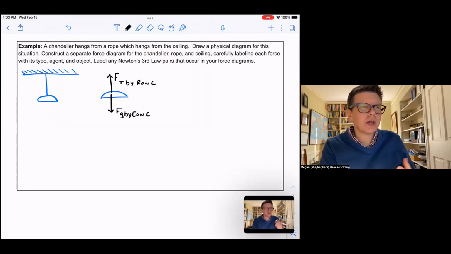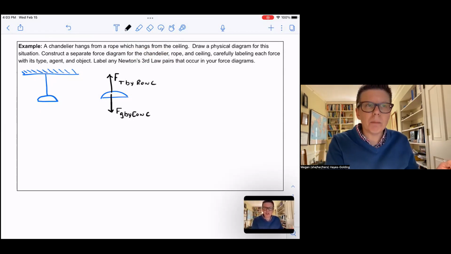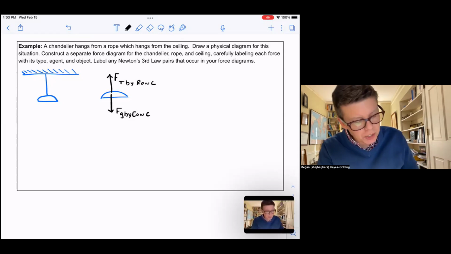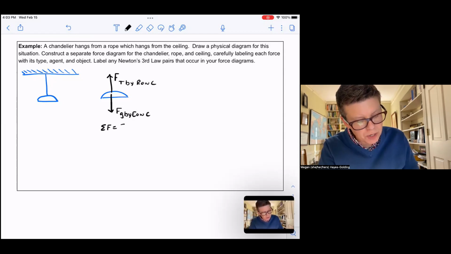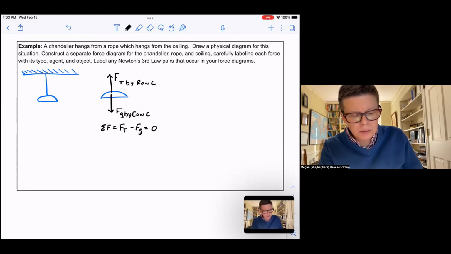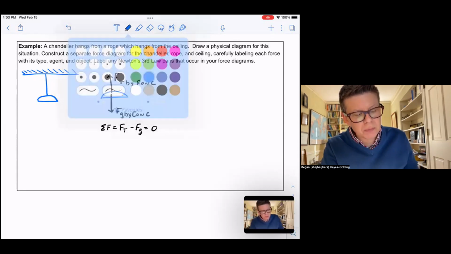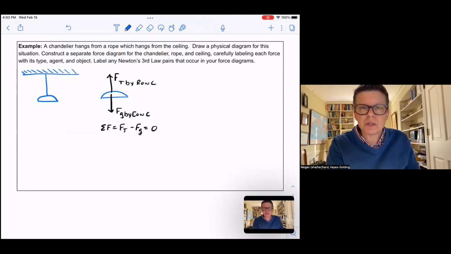I wasn't sure what to call that upward force. So the downwards force, F gravitation by the earth on the chandelier, F tension by the rope on the chandelier. The sum of these forces, or the net force, is F tension minus F gravity. And that's zero. Everything's balanced out here. The safe assumption is that this system is at rest.